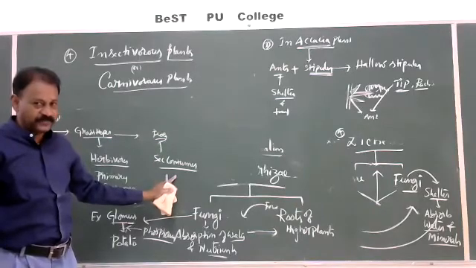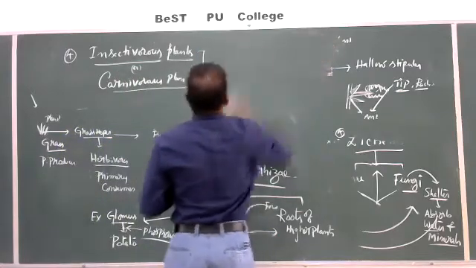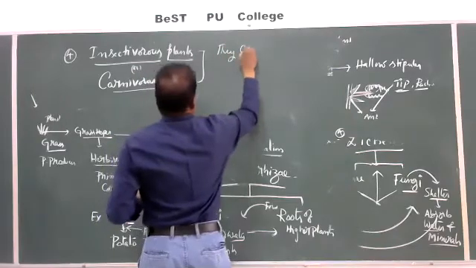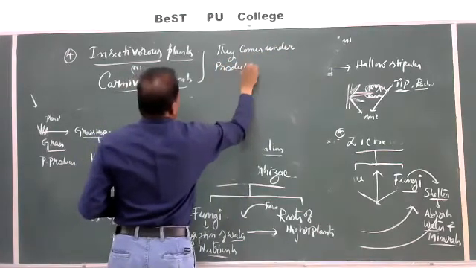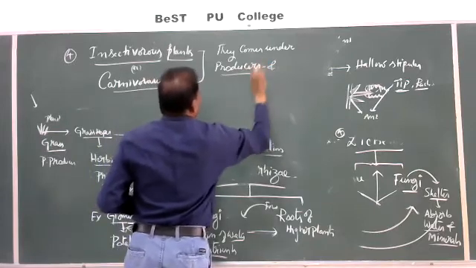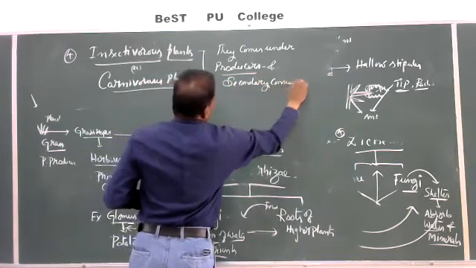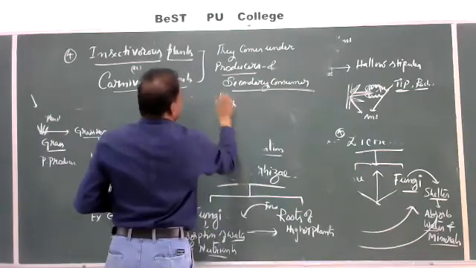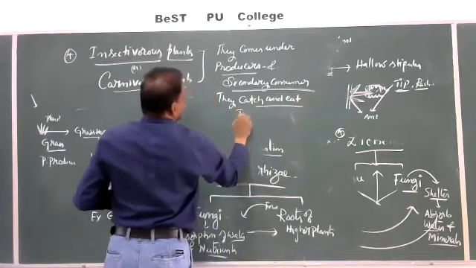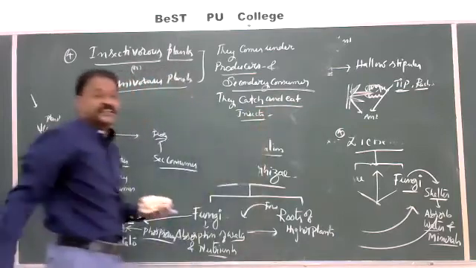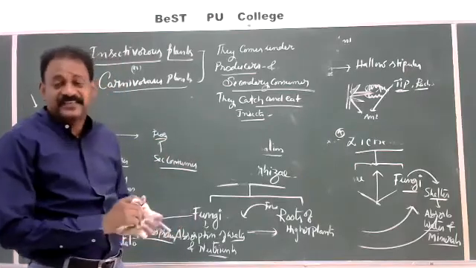My dear students, listen carefully. Insectivorous plants come under producers because they can prepare food material, and also secondary consumers because they catch and eat insects of various types, bees, insects, butterflies, various types of dragonflies.